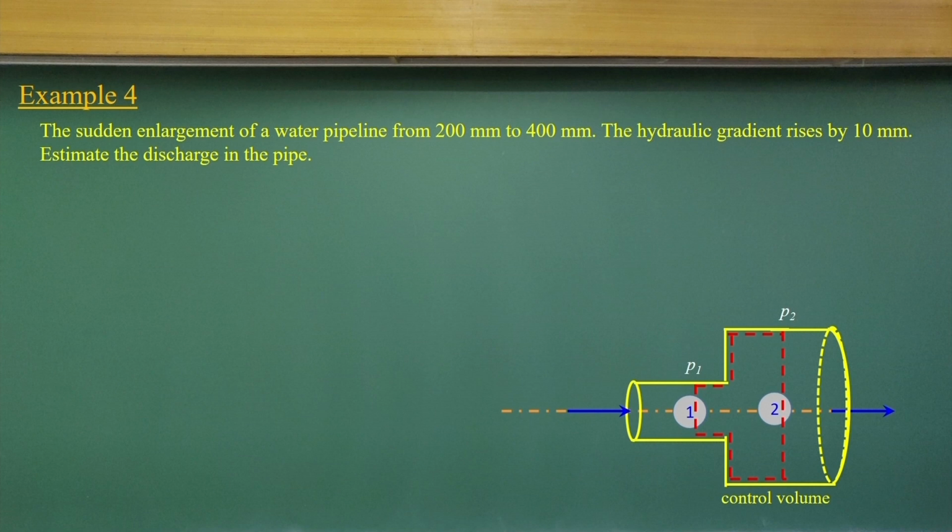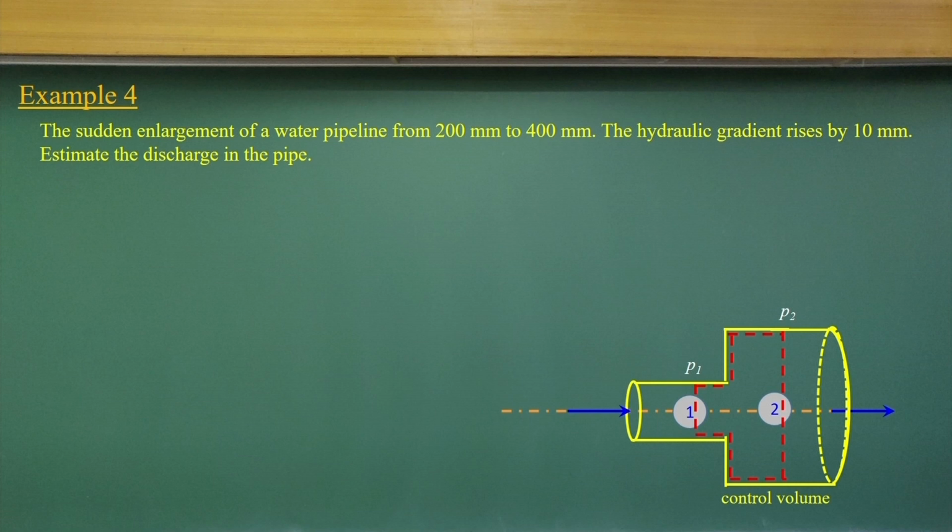Another problem, we have a very interesting problem here, that is a sudden enlargement of a pipeline from 200 millimeters to 400 millimeters. The hydraulic gradient rises by 10 mm. It is just given that the hydraulic gradient line has increased by 10 mm, and then we can estimate the discharge in the pipe.